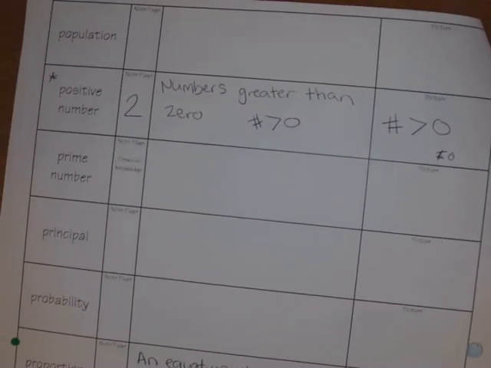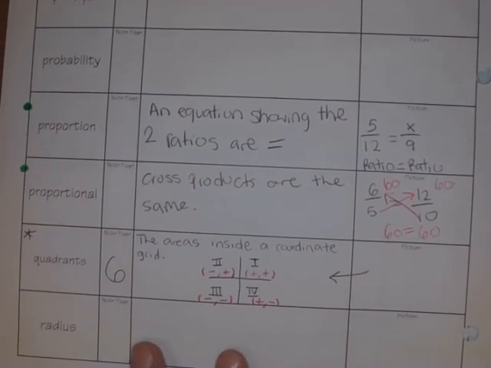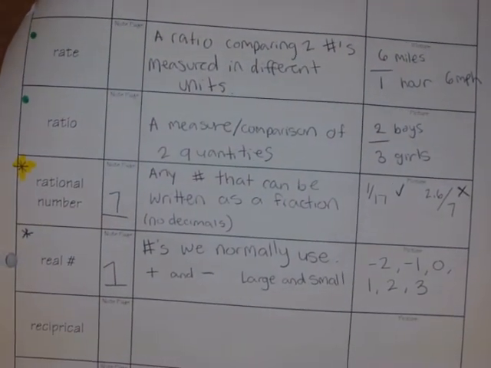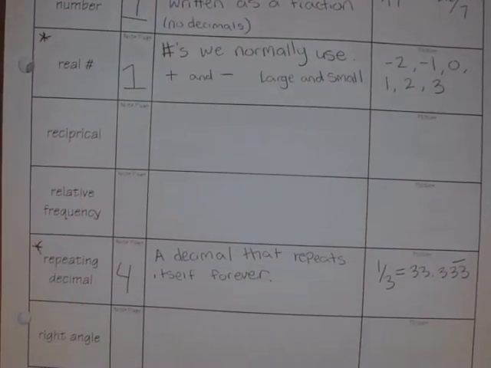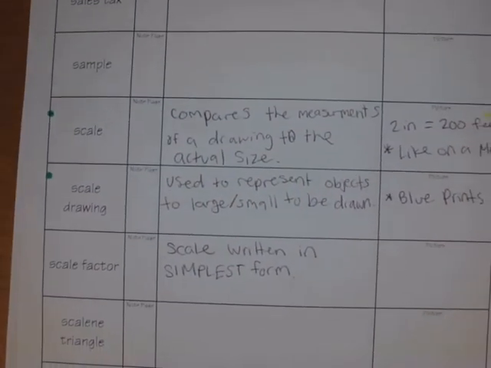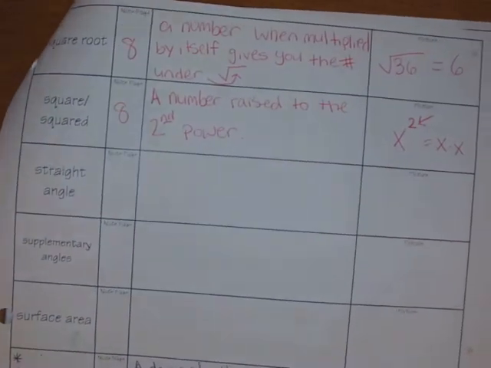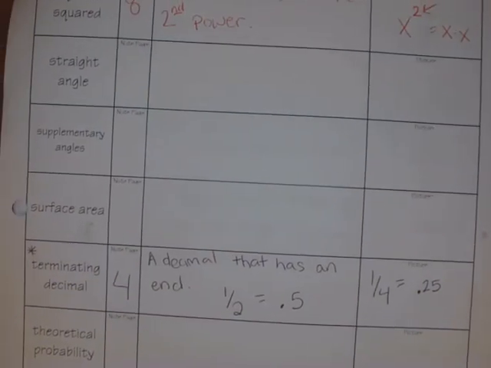Perfect square. Positive number. Proportion, proportional, and quadrants. Rate, ratio, rational number, real number, and repeating decimal. Scale, scale drawing, scale factor. Square root, square slash squared, terminating decimal.